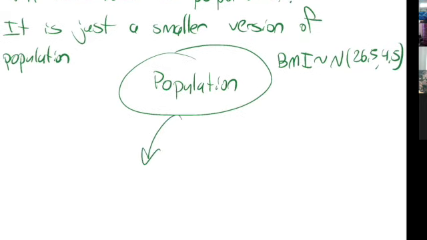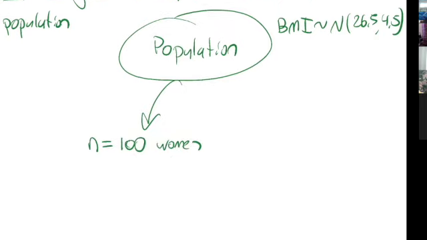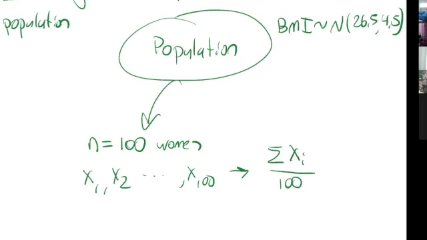Then you can imagine picking a sample of 100 women, and from this sample we add them all up, divide by 100, and we should expect to get something close to 26.5. We should expect to get something that is close to the mean of the population.